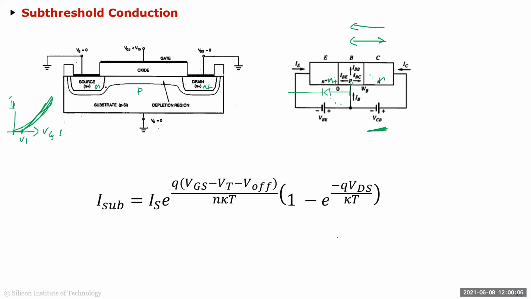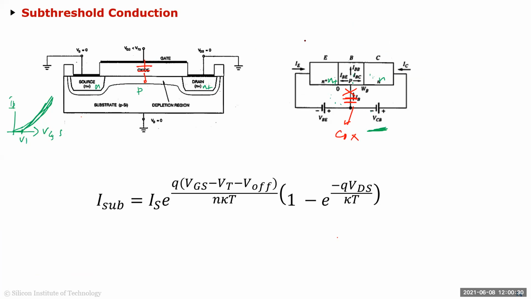The subthreshold region looks like it. In fact, it looks very much like it. The only difference is now you don't have a connection to base directly. You don't have this connection here, but instead you have it through this capacitor, and this capacitor is Cox.